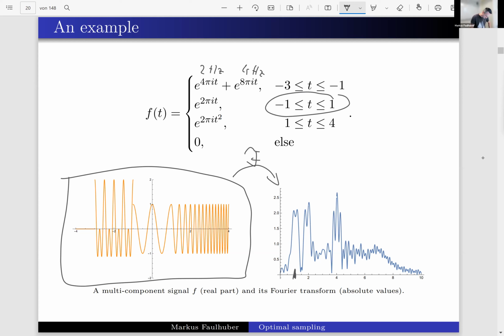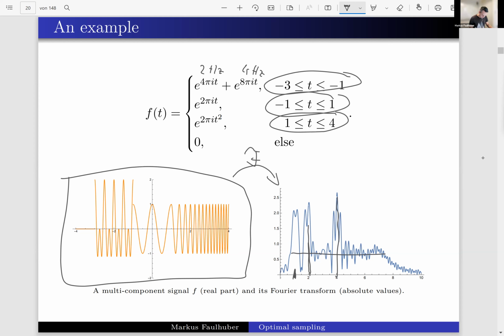Then there is something going on around 2 Hertz and 4 Hertz, which is this interval here. And you can somehow see, okay, throughout the signal, there is also something between 1 and maybe up to 6, 7 Hertz. So this is this chirp, but you lose all the information about when these things happen.